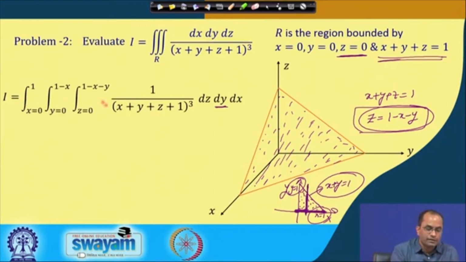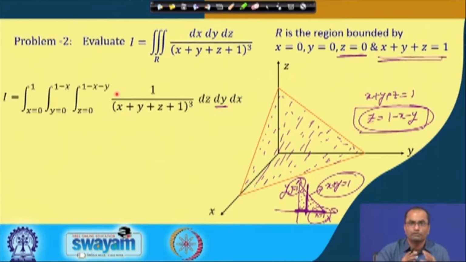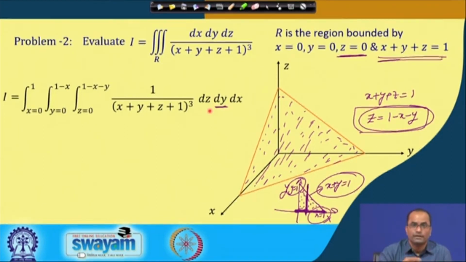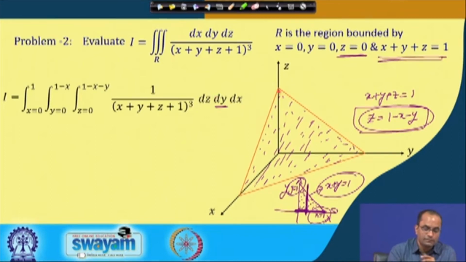The trick is, for the inner one, for z, we have to look into the whole 3-dimensional volume and see, with respect to z, where we are entering the domain and through which surface we are exiting this volume. In this case it was rather simple: the surface where it enters was the xy plane, that means z was 0 there.